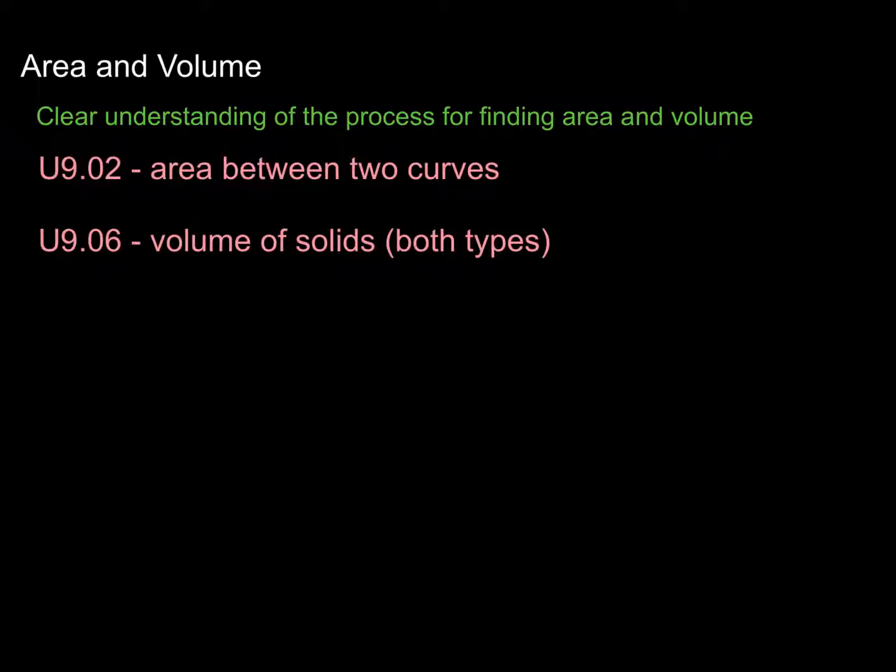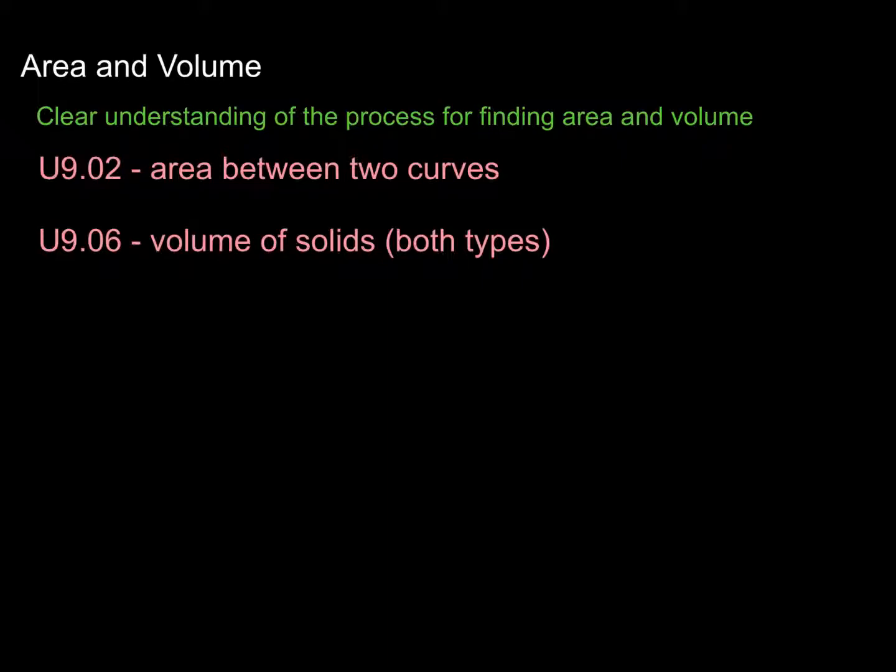For volume, we saw two different ways that we could create solids. The first way was given a region that was the base of a figure and then the type of cross-section and the orientation of the cross-section. And then the second way was taking a region and actually revolving it around an axis to form a solid of revolution.